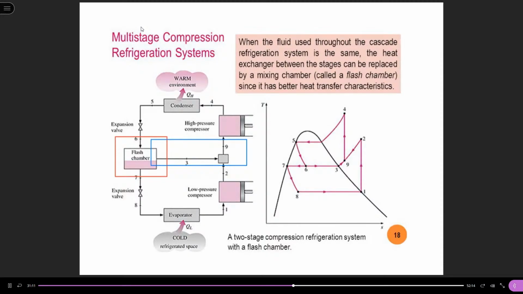Here state 3 is saturated vapor. Here is the same. The saturated liquid will go to the low pressure expansion valve for throttling, to the evaporator, and the saturated liquid will have a mixing.